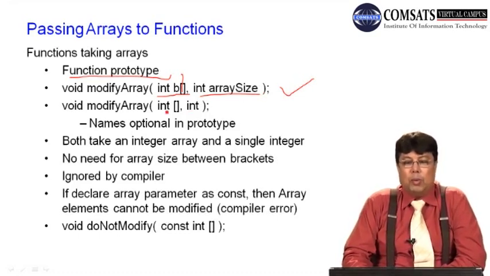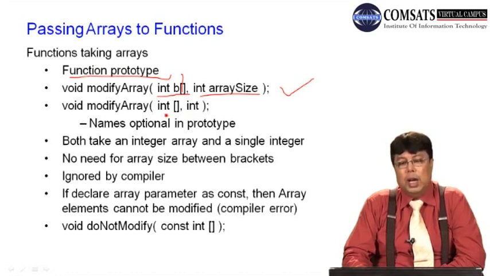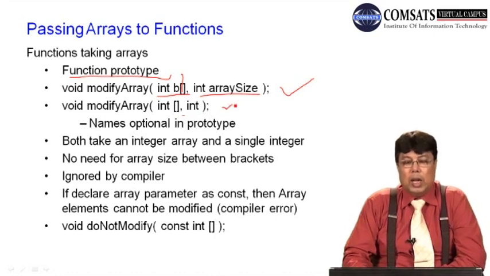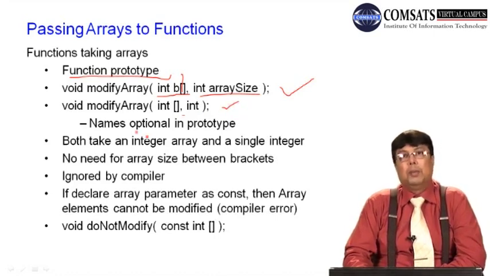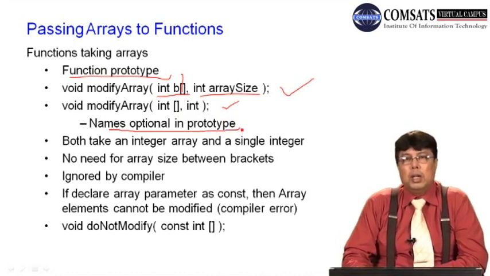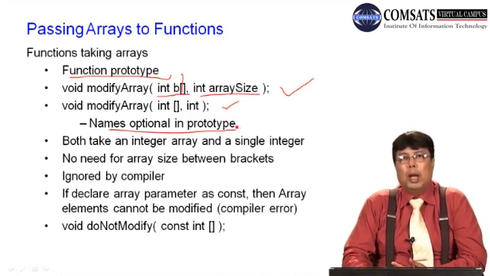You may not need to provide the name of the array. In the prototype declaration, you just need to provide the data type, and here the data type is an integer array, so you say int[], comma, int. We also know this is valid because names are optional in the prototype. And this is standard. If we have integer x and integer y, then in the prototype we simply say int, comma, int.